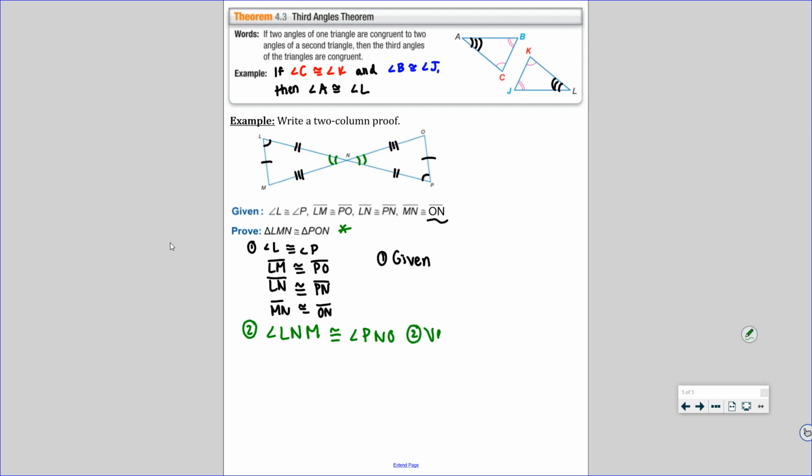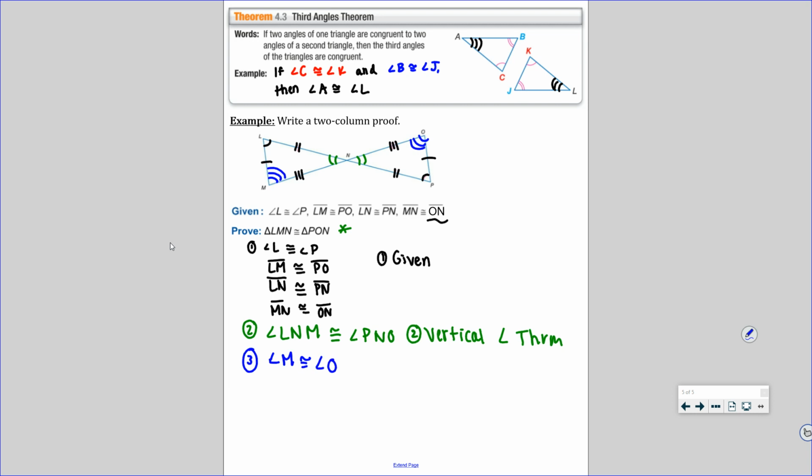You said this perfectly: vertical angle theorem. Now, Alejandro was right. These two angles are congruent, but the justification was not quite correct yet. So now we can call this angle M is congruent to angle O.